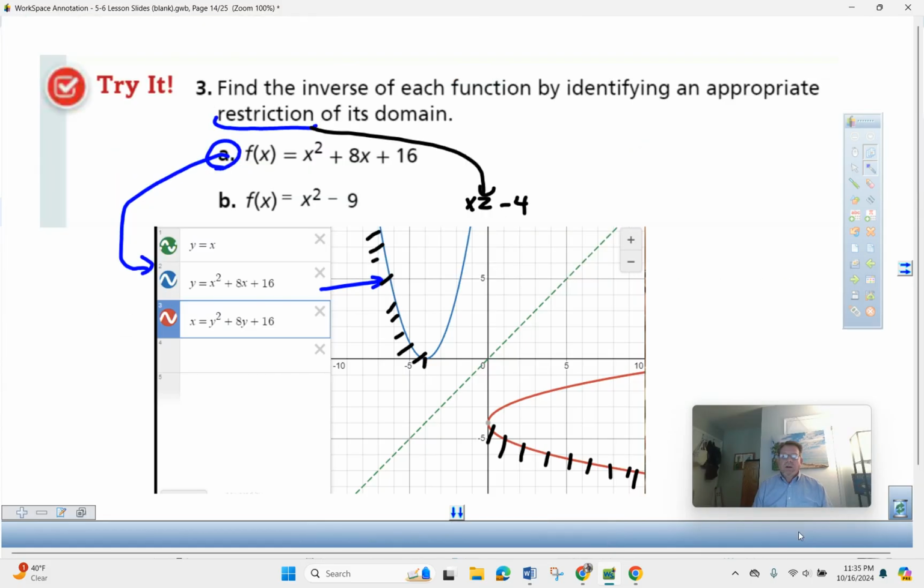Even on this one right here, guys, yes, I created the equation. The graph didn't do it for me. But this may not be the format that your test has.